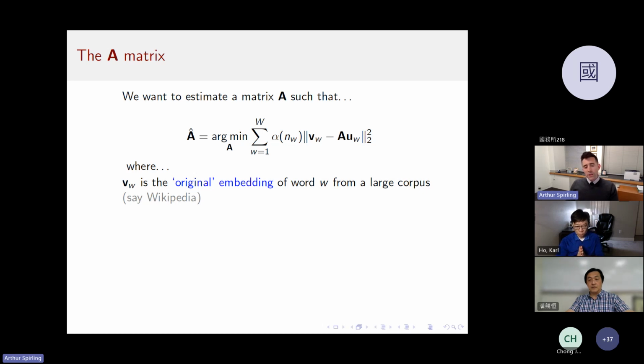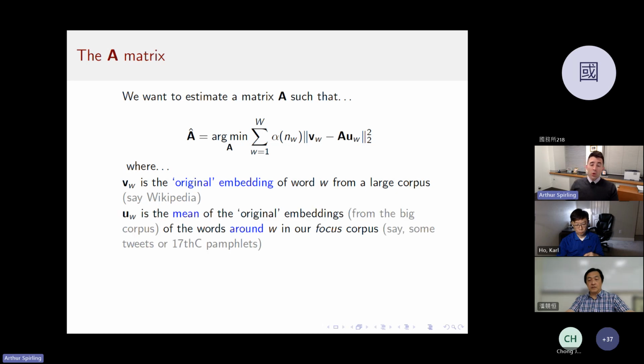So V_w is just the original embedding of some word, or as you see, it's going to be a sum over many words, but of some word from the large corpus. What large corpus would we be using? Well, you could use Wikipedia, you could use Common Crawl, you could use all sorts of things to get that V_w. U_w is that mean that we talked about.